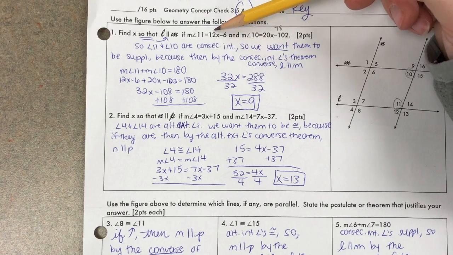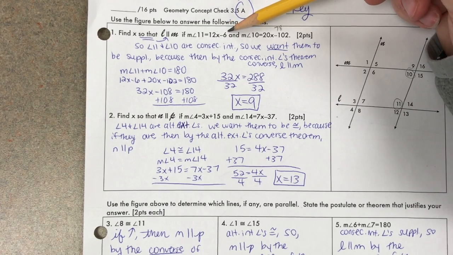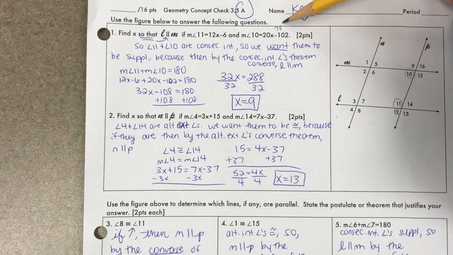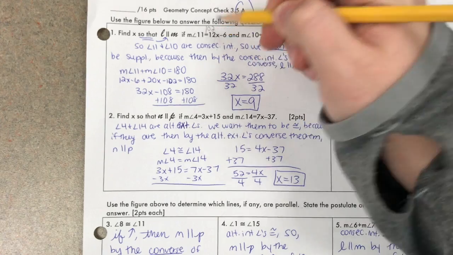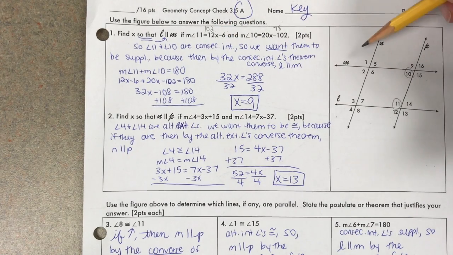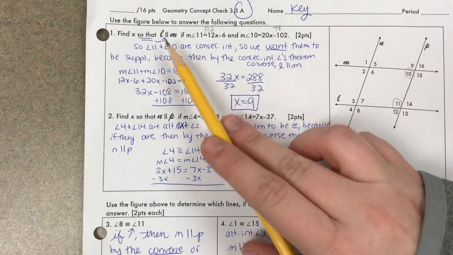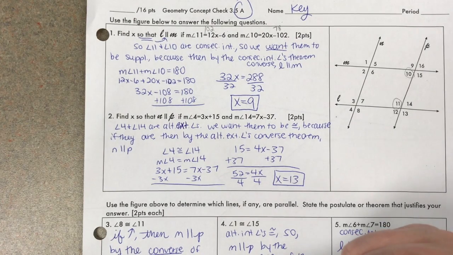We want to make sure this is actually supplementary. So 12 times 9 would be 108, and 108 minus 6 is 102, and 102 plus 78 is 180. So they are supplementary, and that would make line L parallel to line M.